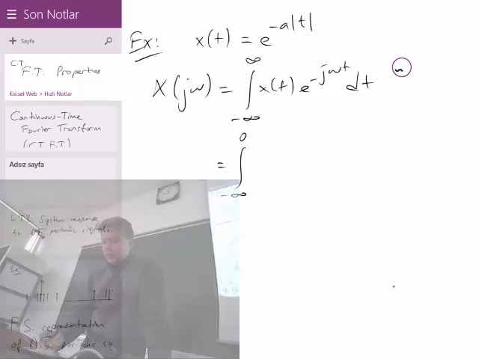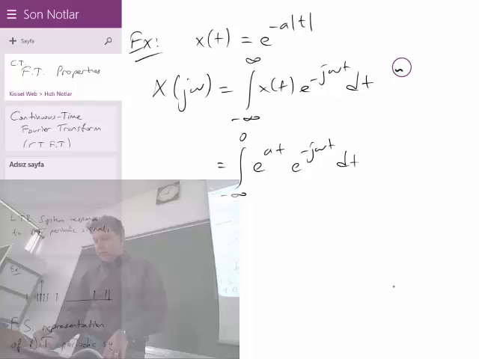And for this one, we have e to the minus a magnitude t, and the absolute value of t for negative t is minus t, which would make e to the minus a times minus t as e to the at, e to the minus j omega t dt, plus the rest from 0 to infinity.